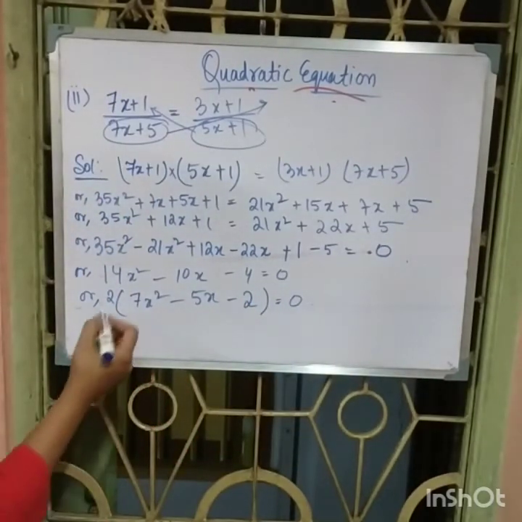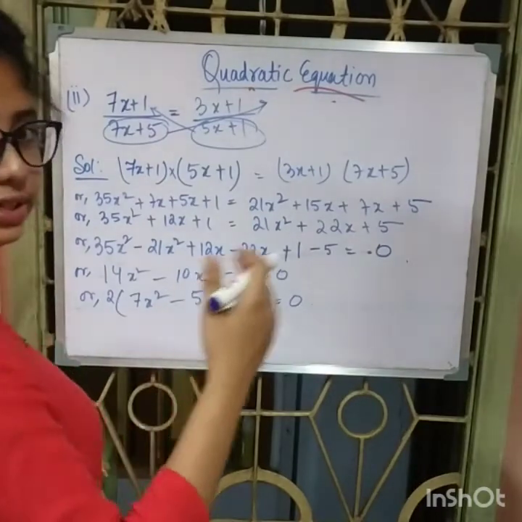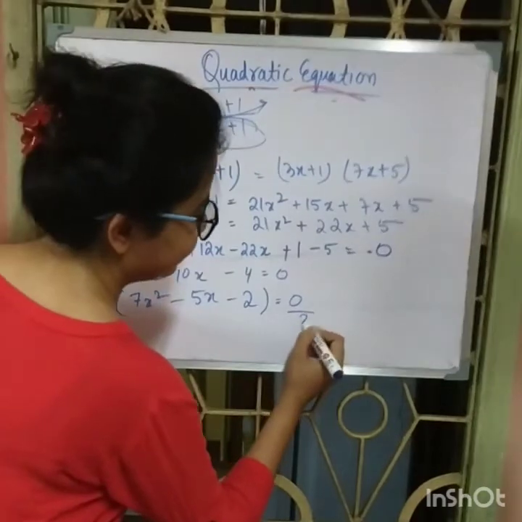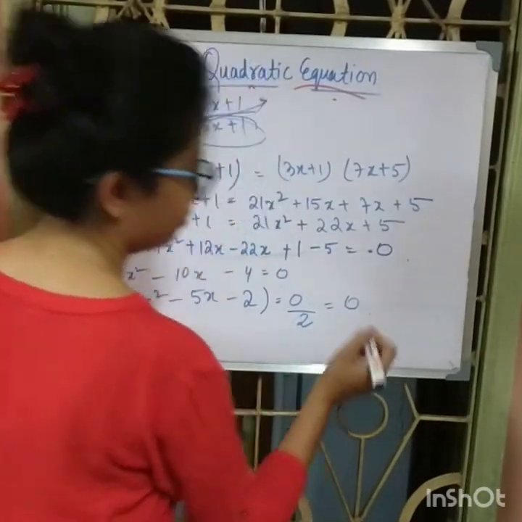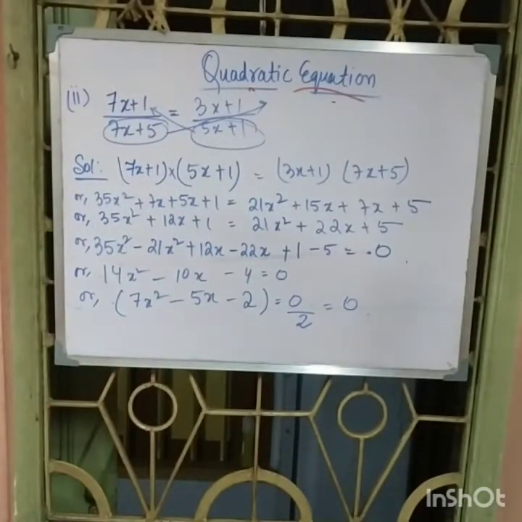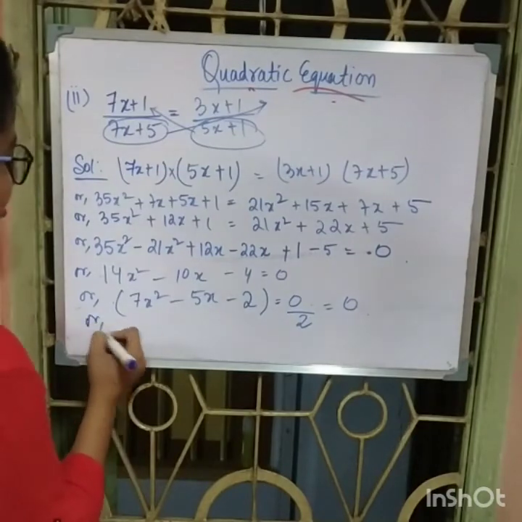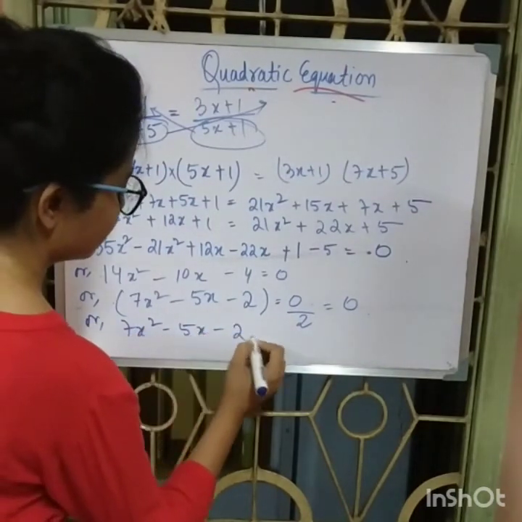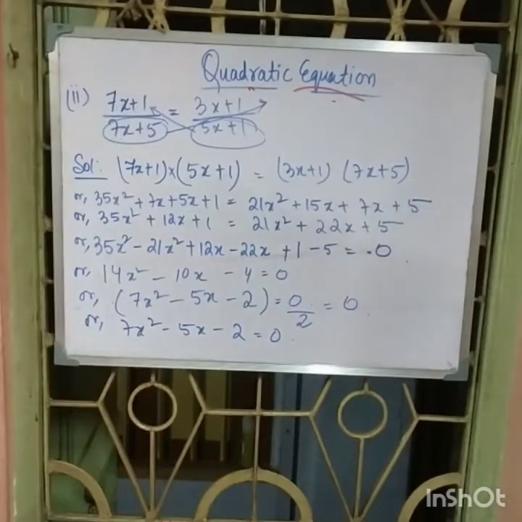Okay. So now this 2 is multiplied with this. If we take it on the right hand side, this 2 gets divided, which again gives us a 0. So now finally the equation becomes this. Okay. And again you can solve it using the middle term factorization method.